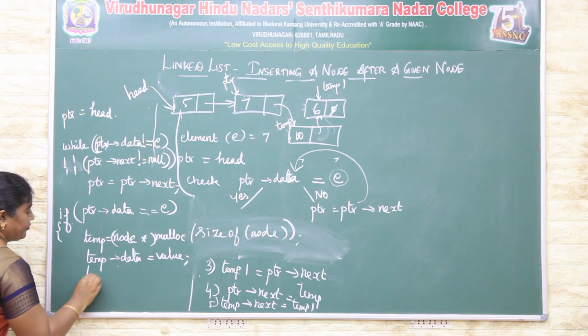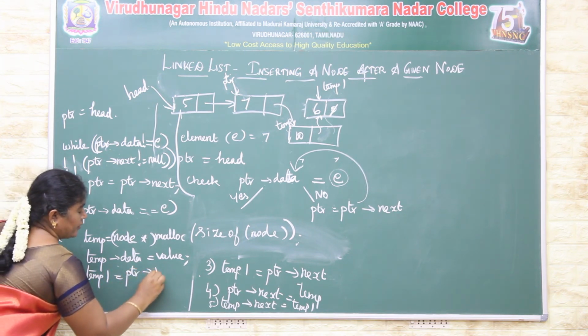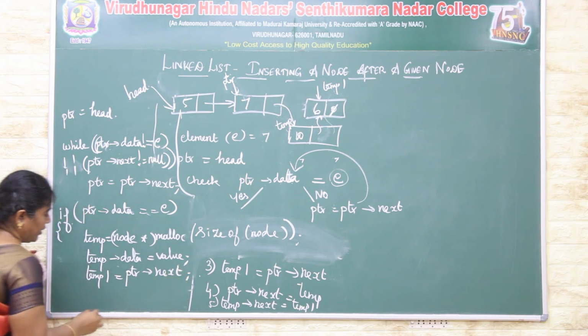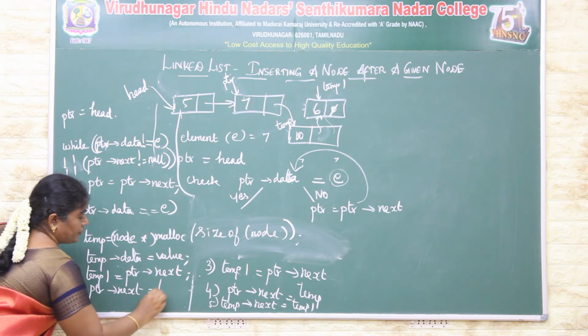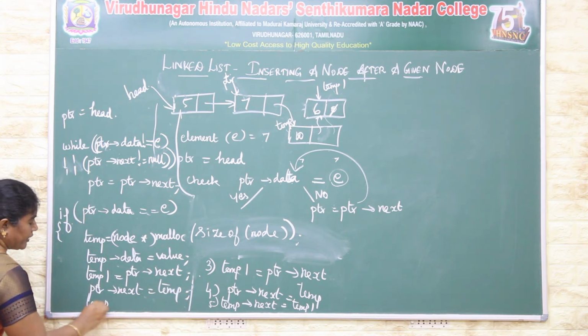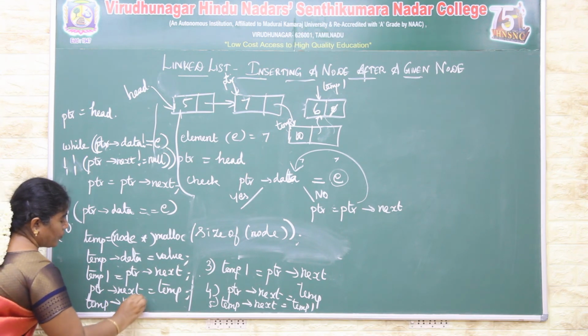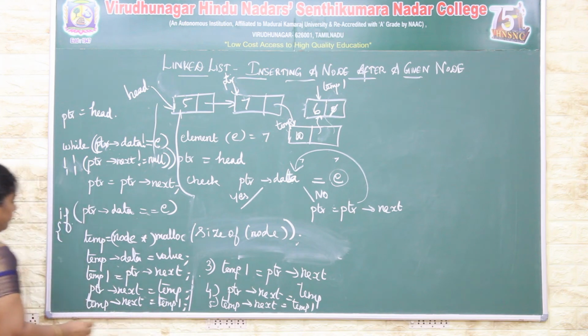Next, temp1 equal to PTR pointer next, and PTR pointer next is equal to temp. My temp pointer next is equal to temp1. See, I have inserted a node.